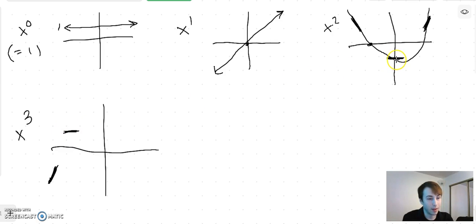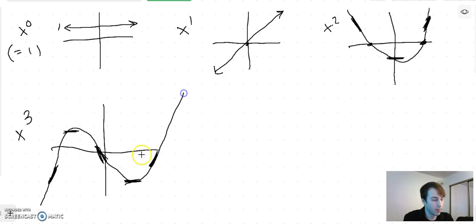Then the slope starts to be negative here. Then here it crosses over again, and instead of being negative, it starts to become positive. But at this point, the slope is 0. And after that, it becomes positive. So that's the x to the third polynomial graph.